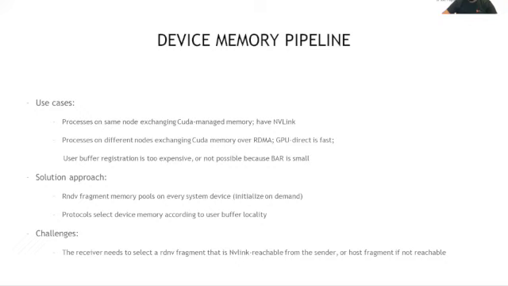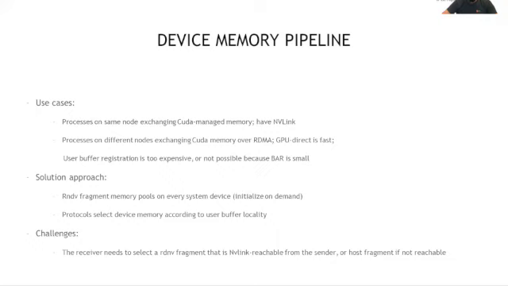Or because the BAR is small, for example on T4 devices, we can't actually register the whole GPU memory, so we have to use some kind of bounce buffers. Today, applications that suffer from these issues have their own bounce buffers on GPU, for example in RAPIDS Spark, and eventually we would like to provide a better solution for applications, so they could do just send and receive directly without adding their own bounce buffers.